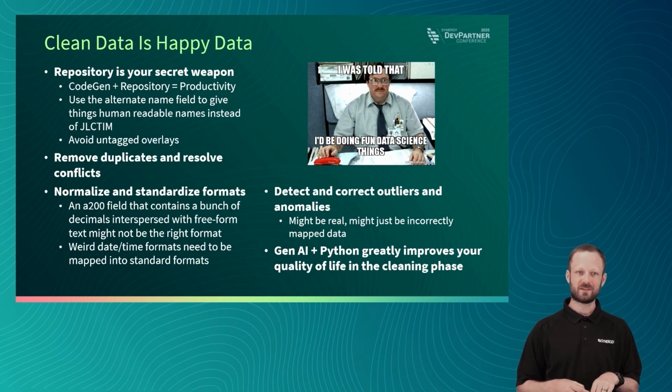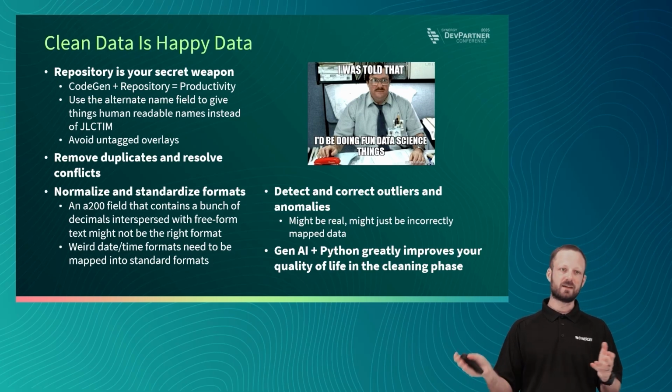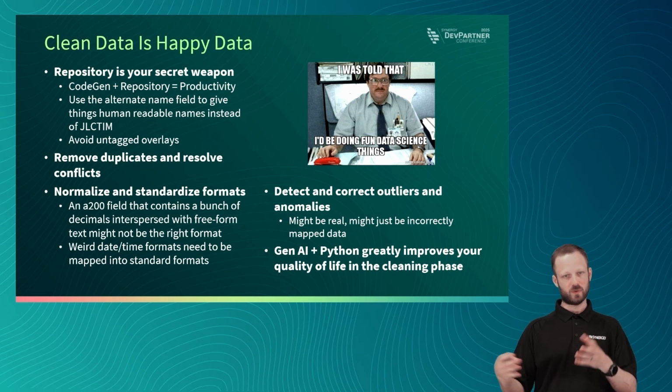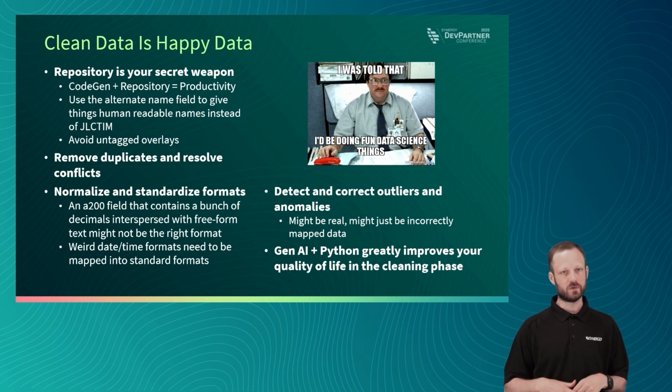So CodeGen and repository can help you here quite a lot. So today, if you were to just dump all of the data in all of your Synergy records out to a CSV file, no one would really know what to do with it, probably. If you included the sort of schema, so you have all of the field names and some data types somehow, they probably still wouldn't know what to do with it.